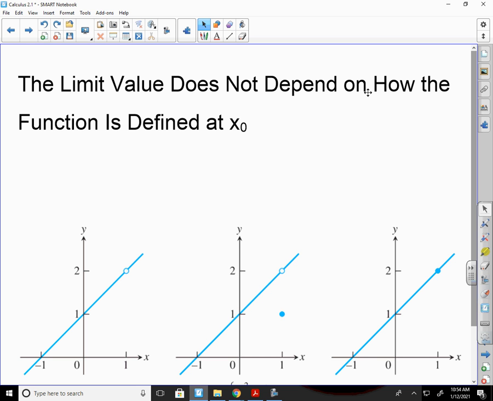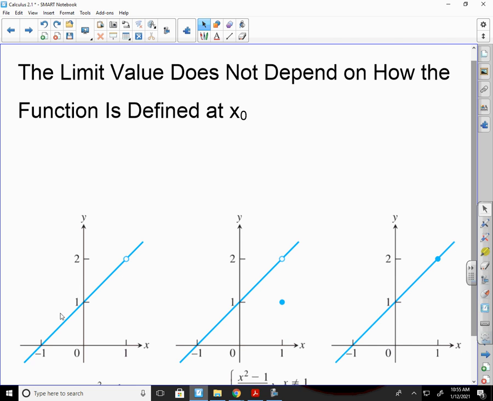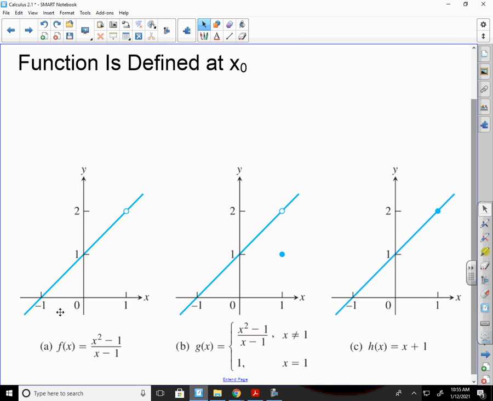Just like in the last problem, as we're looking at the limit of that problem, it was undefined at x equals 1, so it would have a hole. And even though it has a hole there, our limit value does not depend on how the function is defined at that point, x equals 1. So this is our graph.